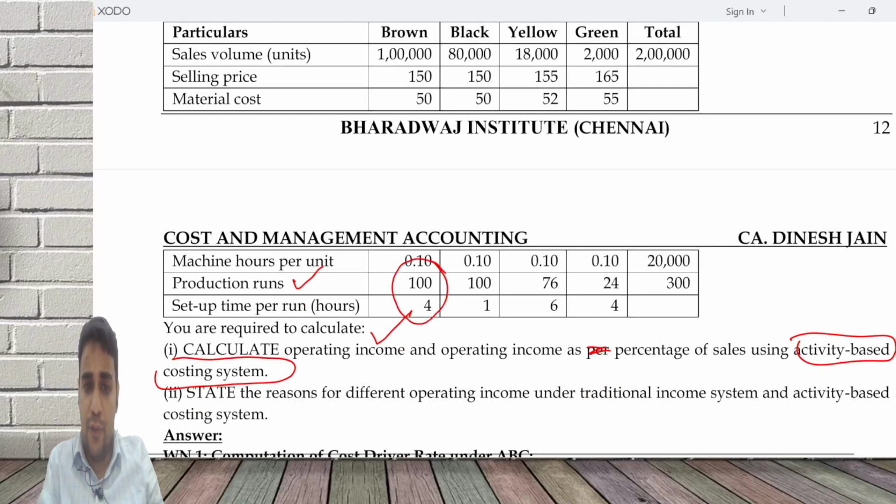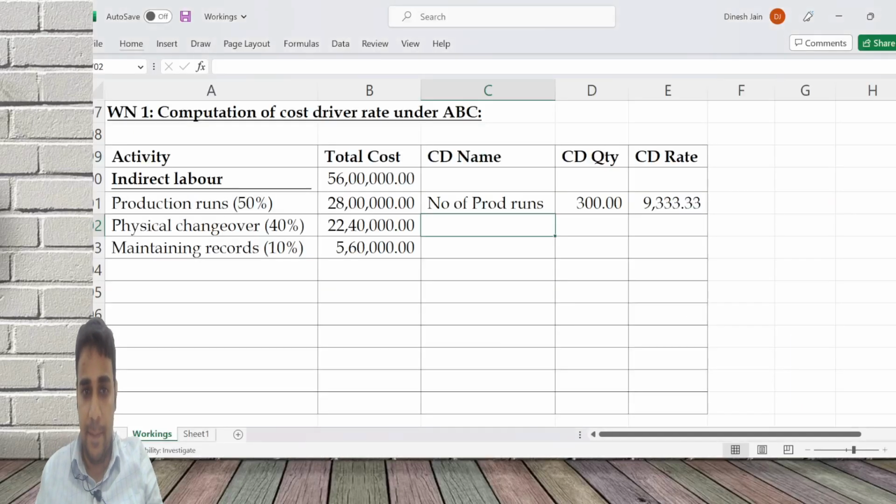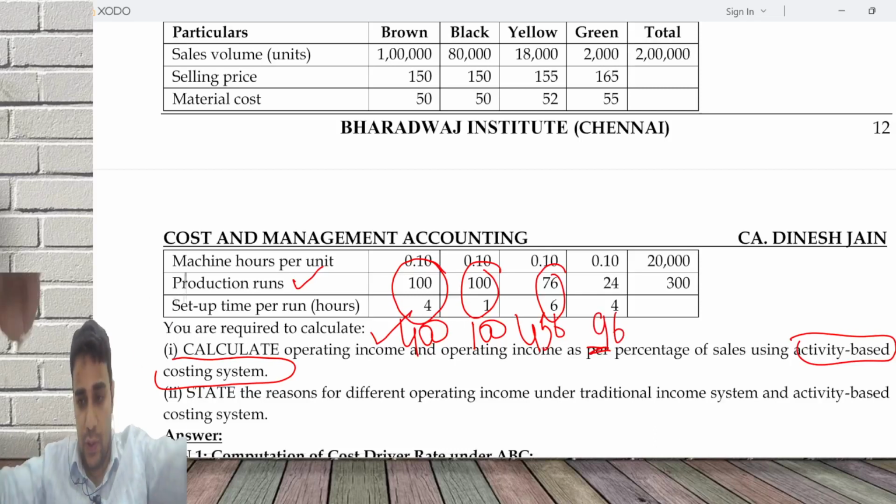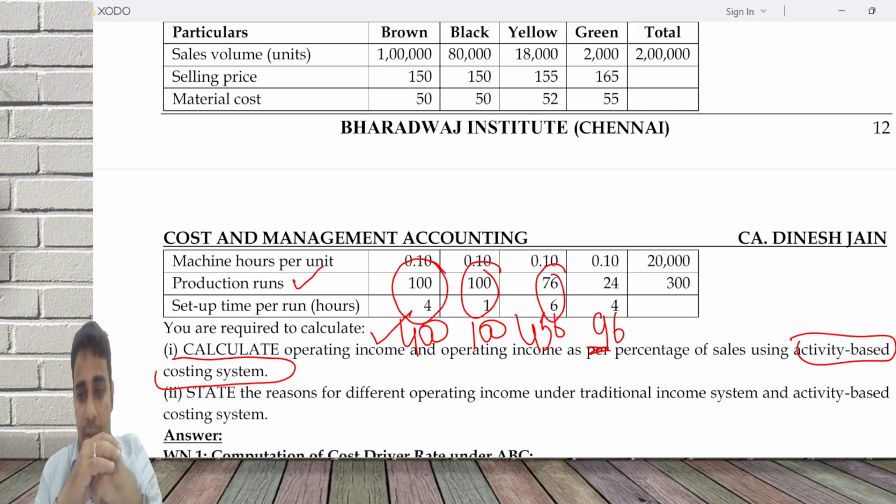100 into 4, 400. 100 into 100. 76 runs into 6, 456 and 96. Can you tell me the total of these four items? That is the setup time, the time taken for changeover. 1052.